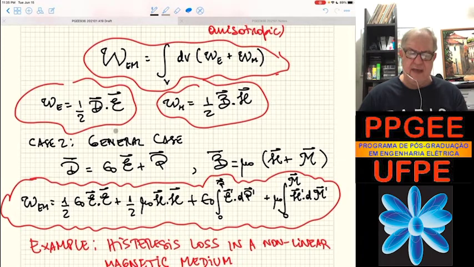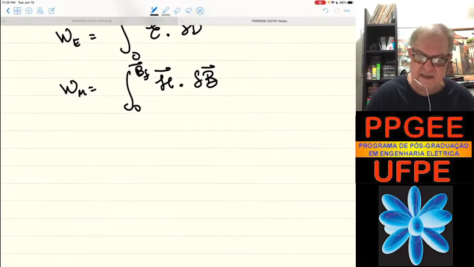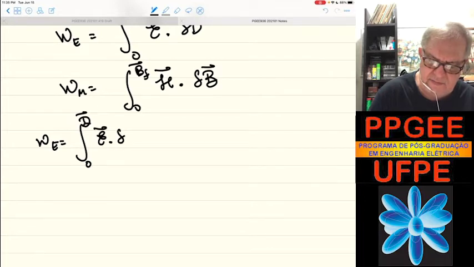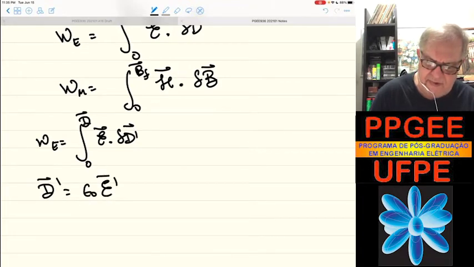So in the general case, we can write D like this and B like this one. And when you replace, for instance, the energy density, W_E equals, let's say, integral from 0 to D of E dot delta D prime. So D prime equals epsilon 0 E prime plus P prime, which are the variables, right?